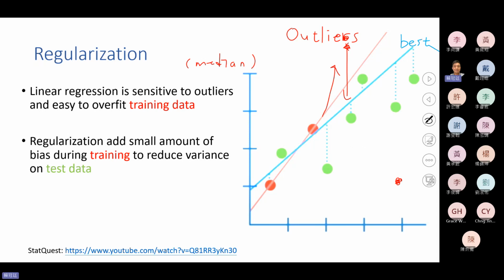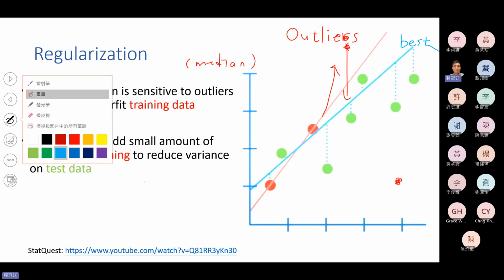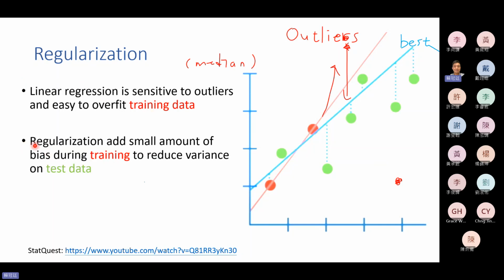So the solution is to use regularization. Yeah, it's a long terminology, but what it means is that regularization adds a small amount of bias during training to reduce the variance on test data. In other words, it makes your training process a little bit more difficult.